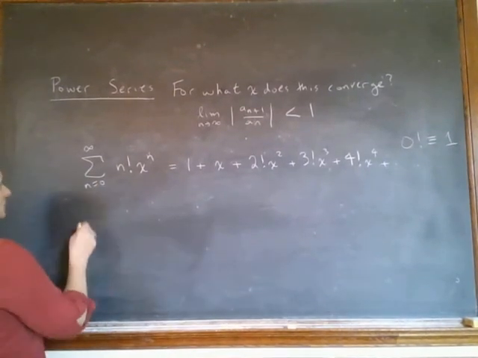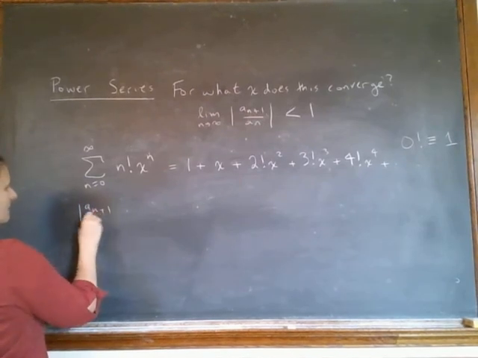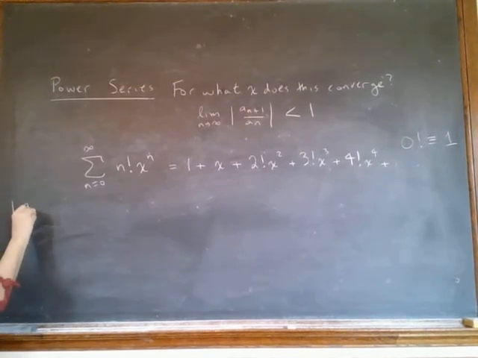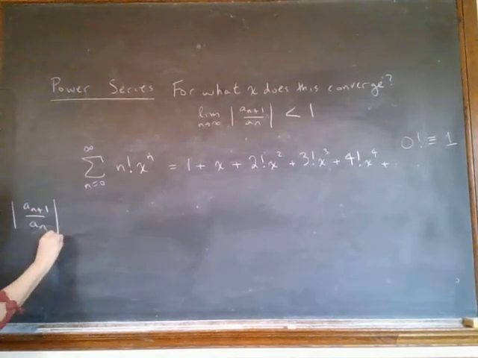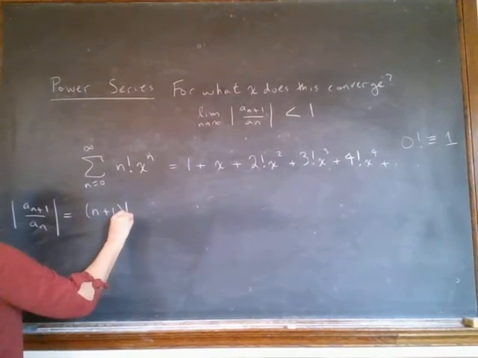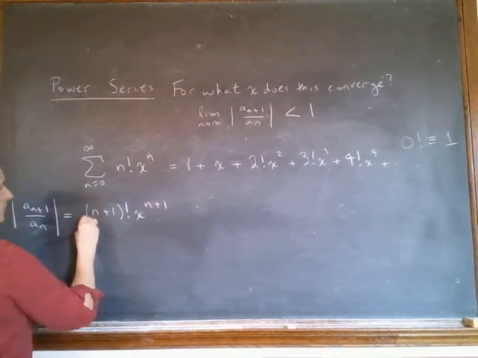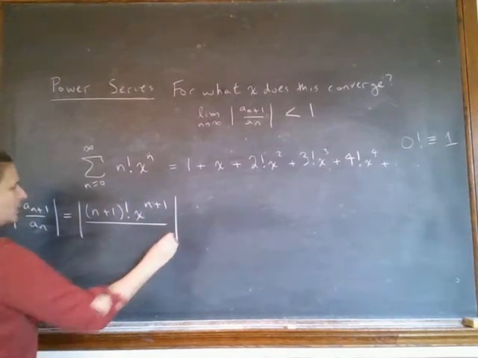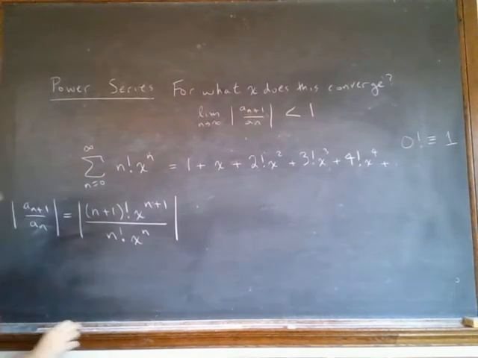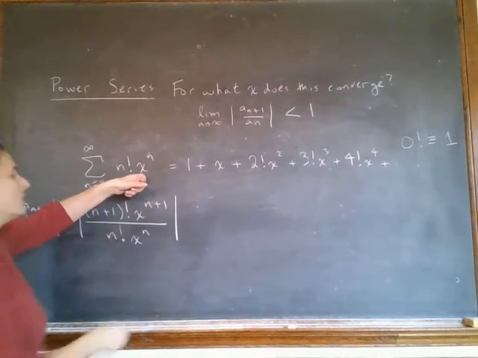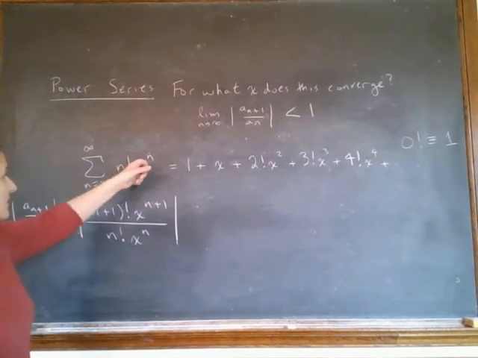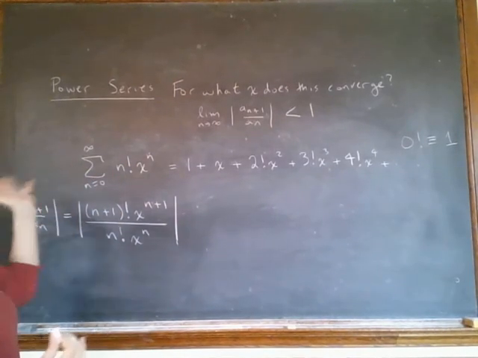So if I have a sub n plus 1 over a sub n, I'm going to start back here. Run out of space so easily. This is going to be n plus 1 factorial x to the n plus 1, divided by n factorial x to the n. First of all, x here, we don't know what it is. x could be positive or negative. Everything else is positive; n starts from 0, it's not going to be negative.